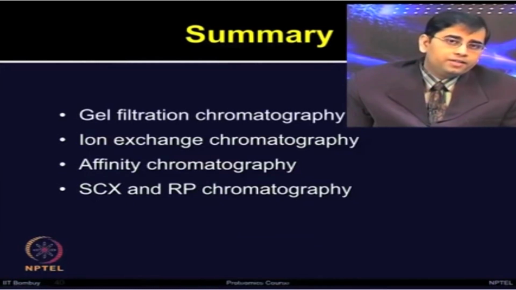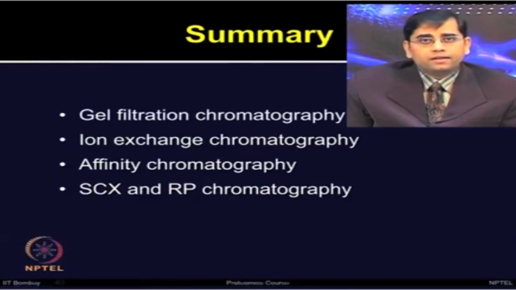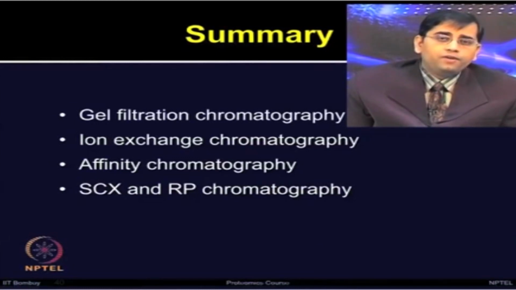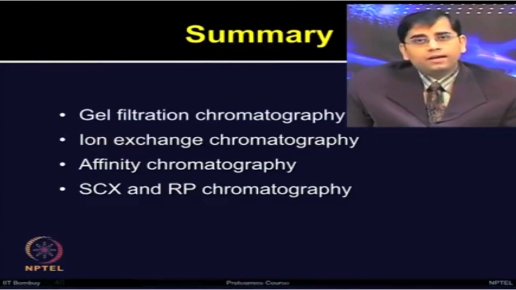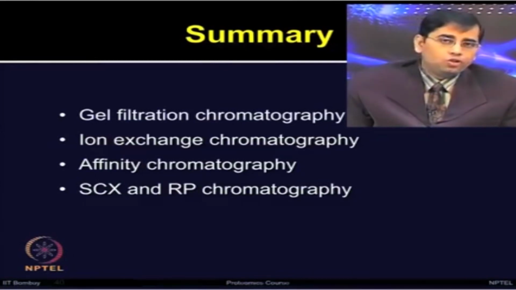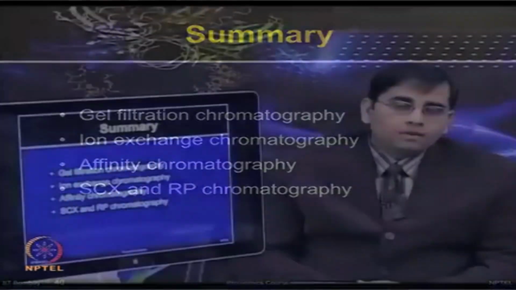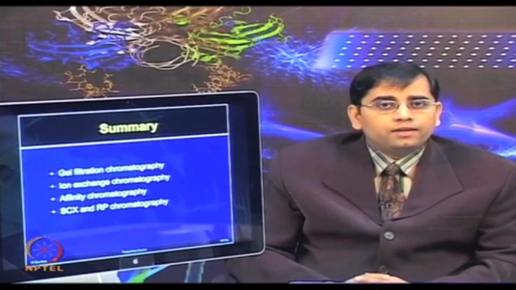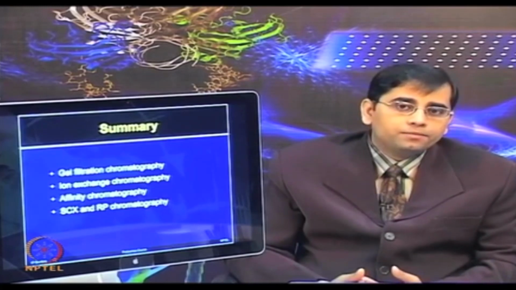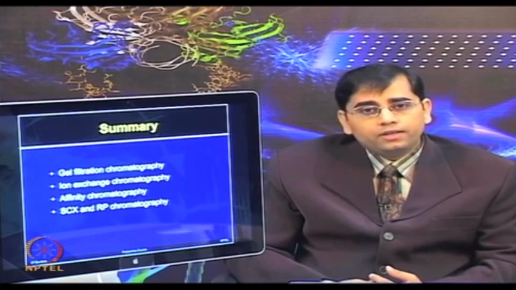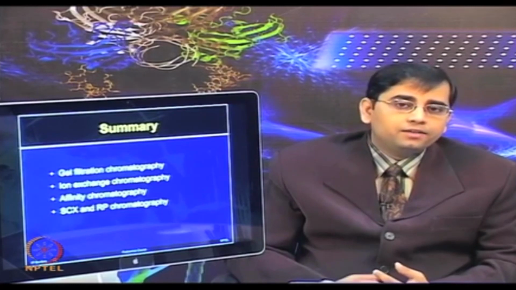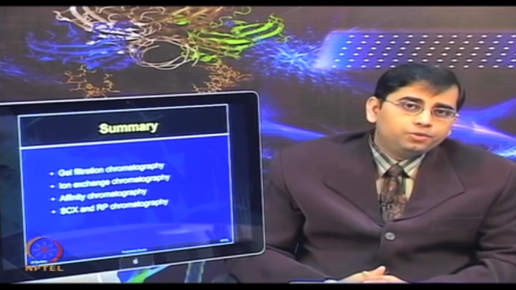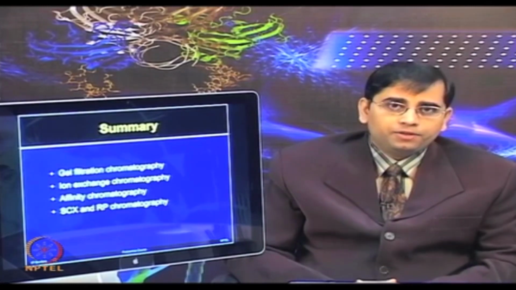Strong cation exchange and reverse phase high performance liquid chromatography are fundamental tools for the isolation and analysis of peptides. Nano liquid chromatography, which makes use of C18 capillary columns, has gained popularity for proteomic studies due to its ability to achieve fine separation.